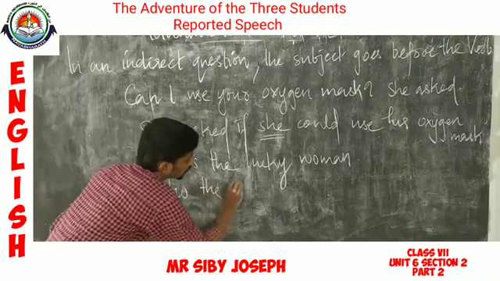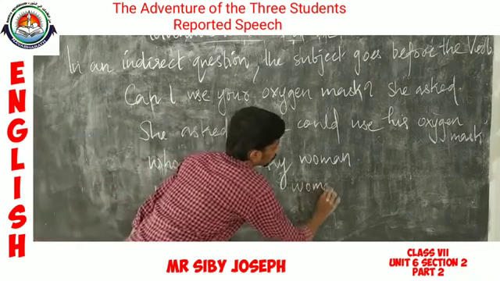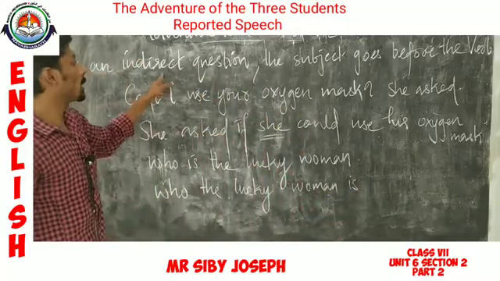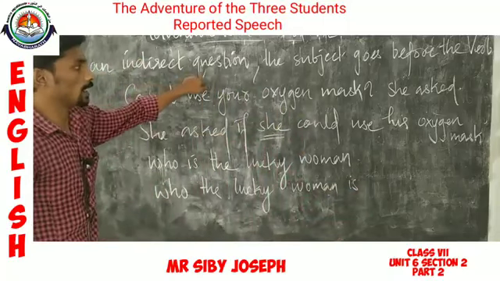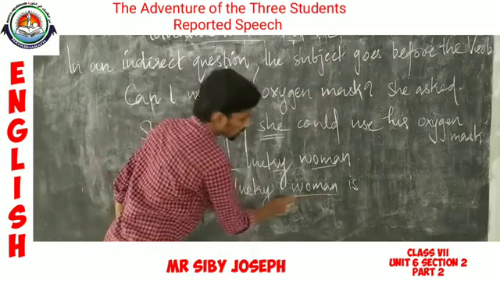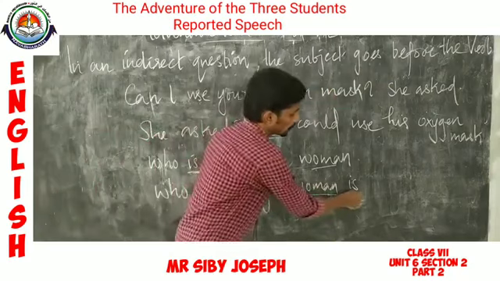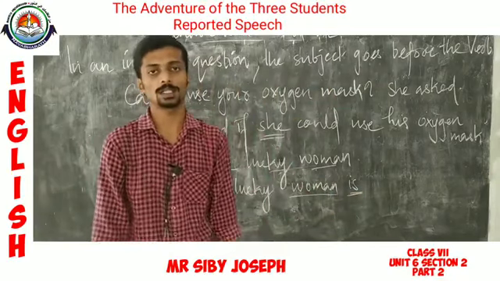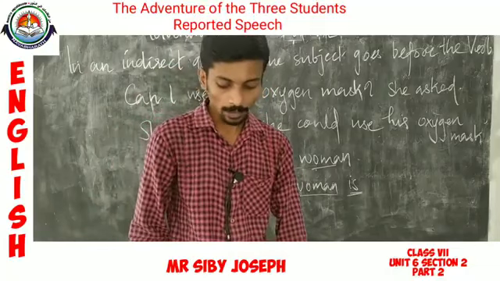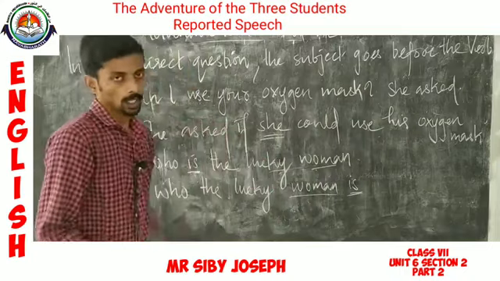Who the lucky woman is. So that is what is said: in an indirect question, the subject goes before the verb. Here woman is the subject and woman goes before the verb. So this is actually the meaning of this rule. And now we can go to the next rule.